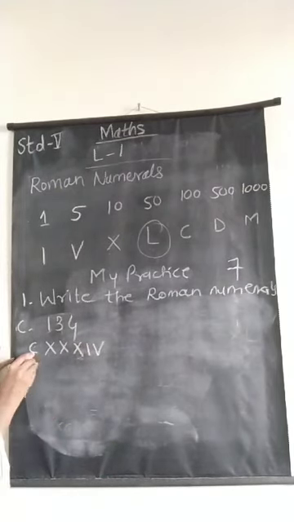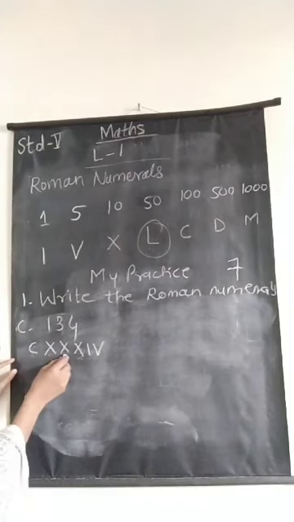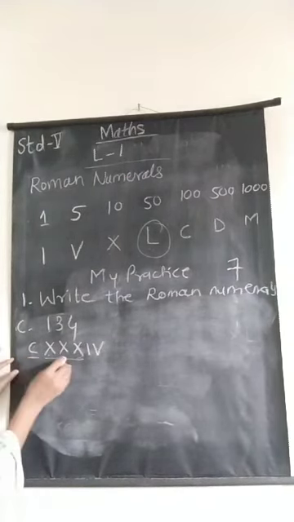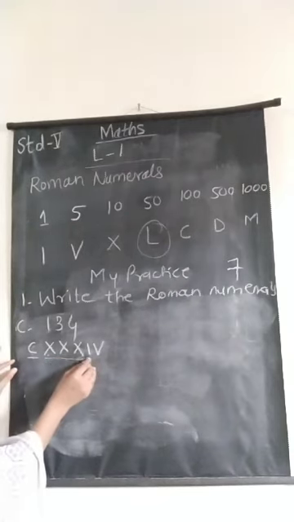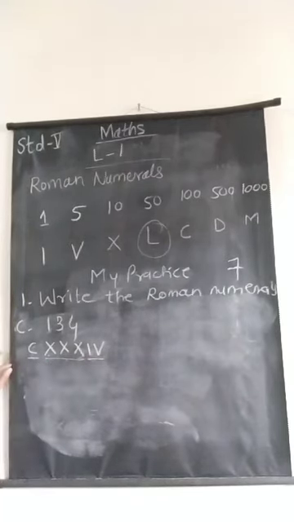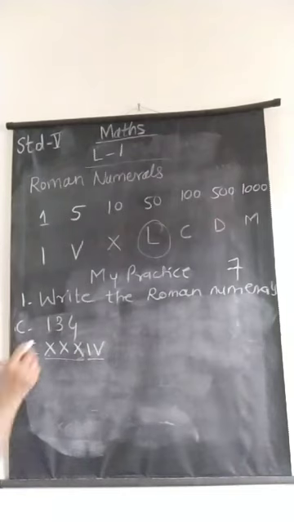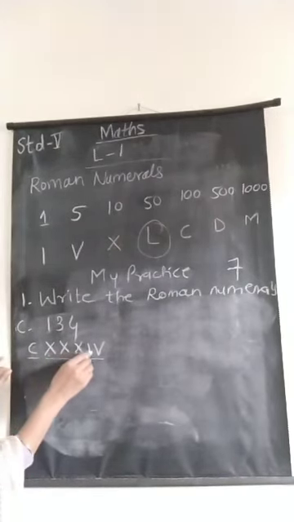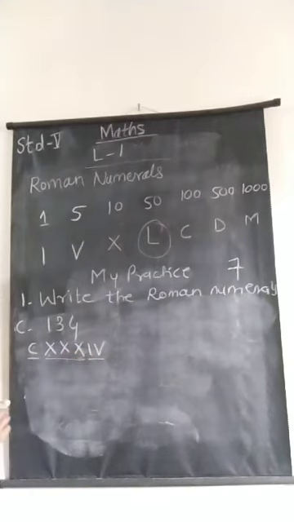Now see, 100 plus 10, 110, plus 10 plus 10. This is for 30, this is for 100. 100 plus 30 is 130, and this is for 4. So 134 can be written as CXXXIV. Okay students, understand how to write 134?